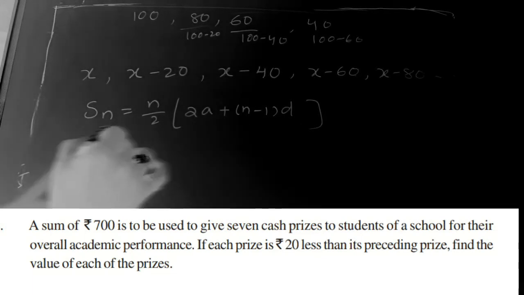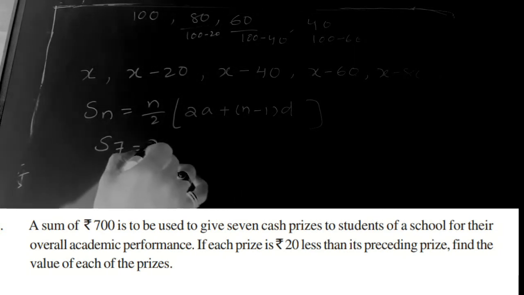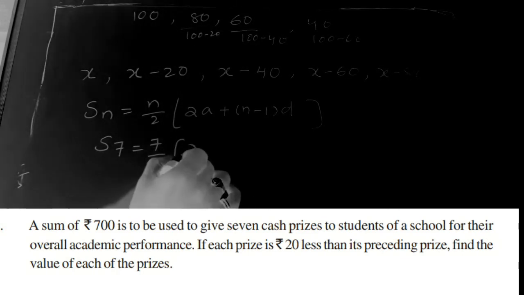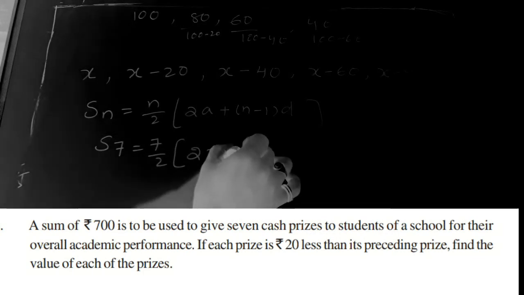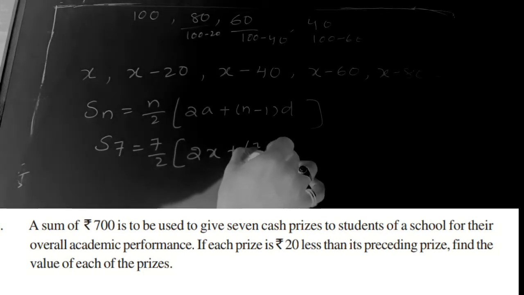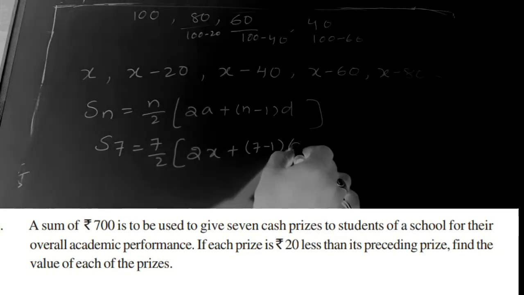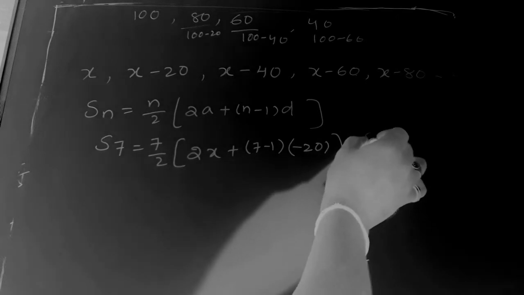The question is saying that S7 equals 7 by 2 times (2a, where a is nothing but x, plus 7 minus 1 times the difference, which is minus 20), and that is equal to 700.